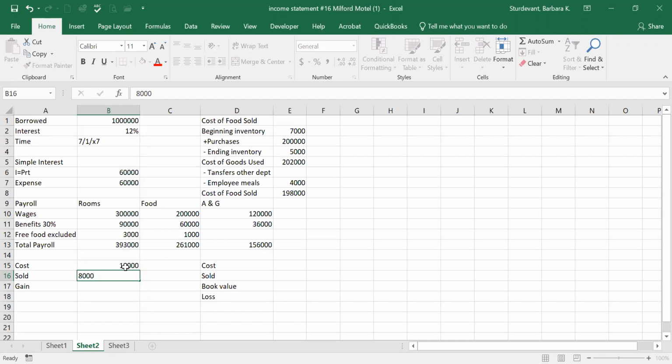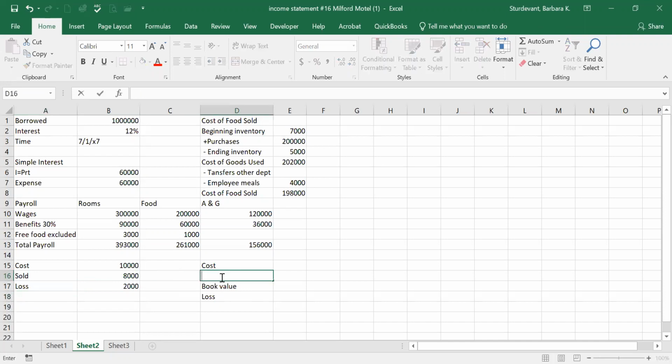So what do we have? $2,000 in a gain or a loss? Loss. Is everybody okay with that? It cost us 10 and we only sold it for 8. Okay, so this one's good. I like this one. All right.